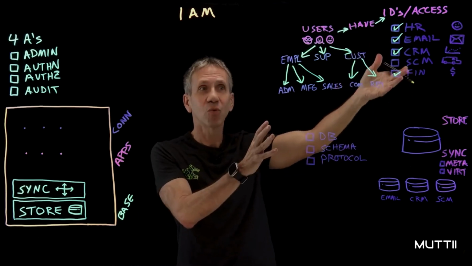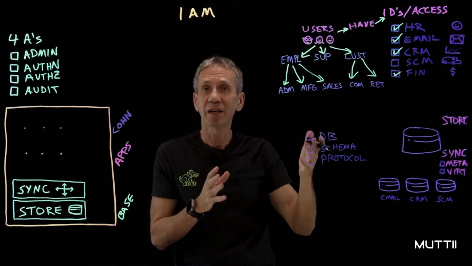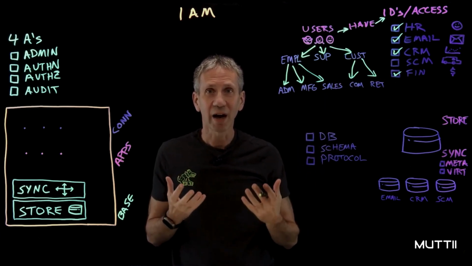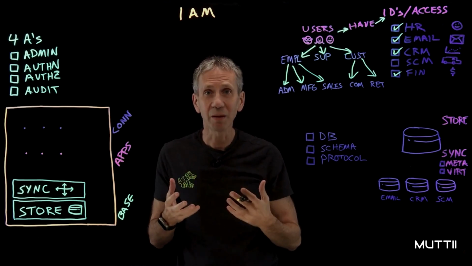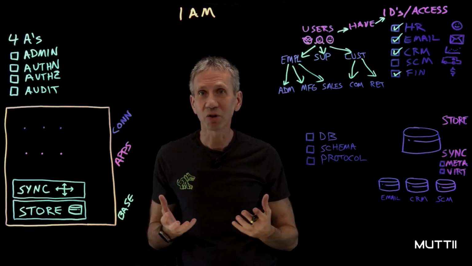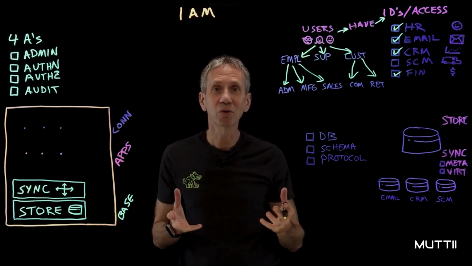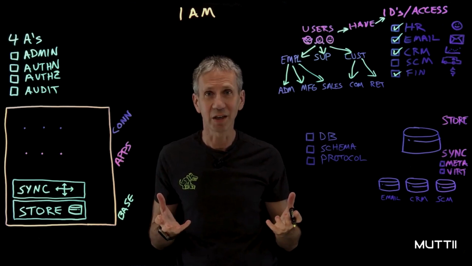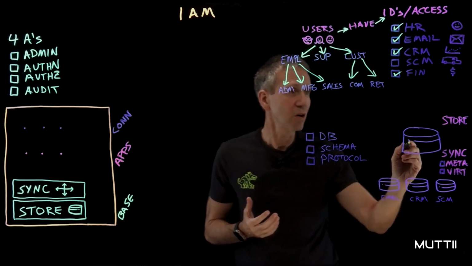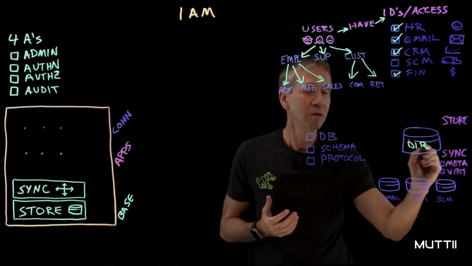Now, that's what the user wants, but these all have to have identities. Wherever I store identity information, so that is names, that is accounts, that is the department you're in, any information about a user is essentially an identity. And wherever I store that, I'm going to tell you, is what we call a directory.